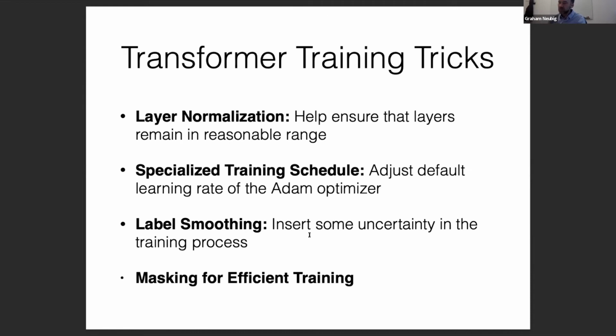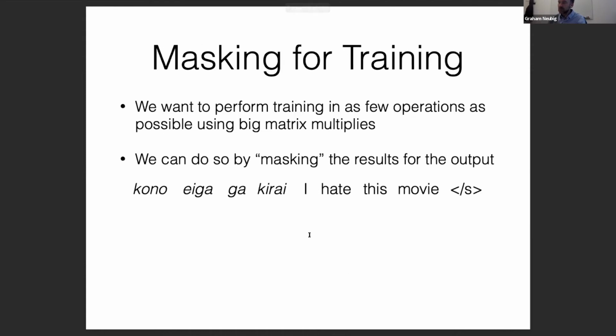And you also have a masking method for efficient training. And so the way this masking works is basically, when you're calculating the representation for a particular word, you decide which context to attend to. So when you're calculating the representation for the word I, you only attend to the context in the input.